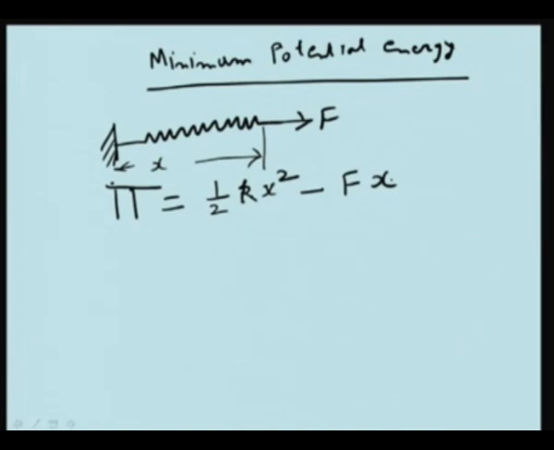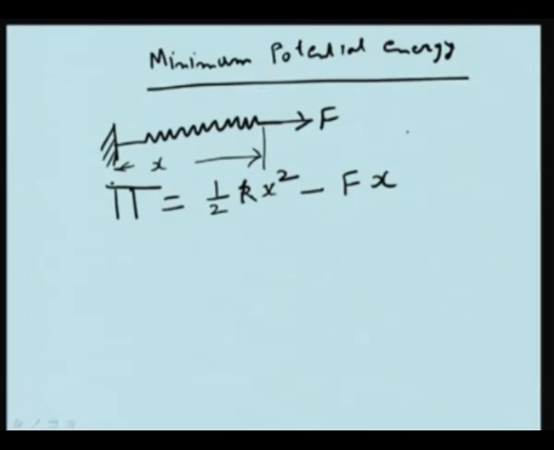Remember, the potential associated with the force has been written as minus Fx, because if you take the negative gradient of minus Fx, you get plus F. Here, many times students get confused, and they may put half kx square plus Fx.